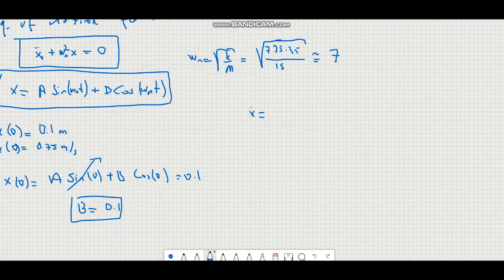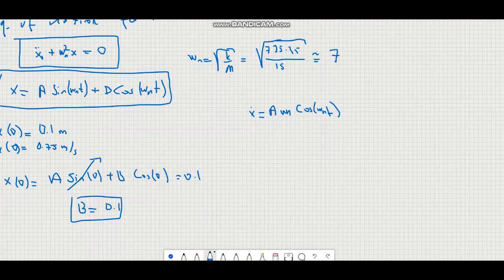The a is constant, and if I take the first derivative of sine omega n t, omega n comes outside, and sine turns to cosine, omega n t.